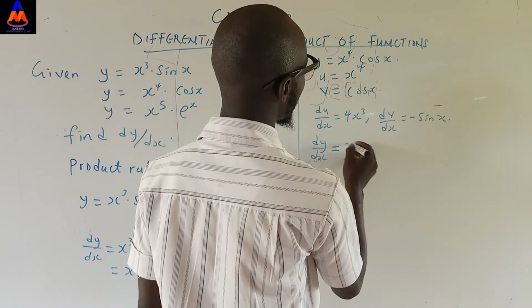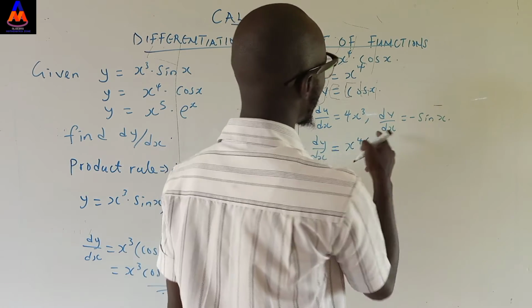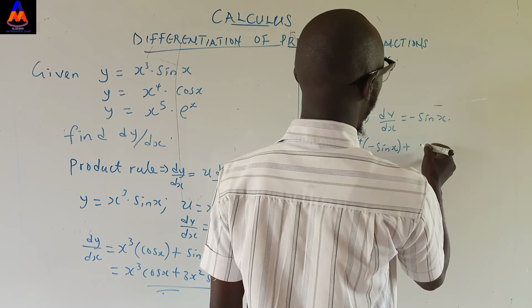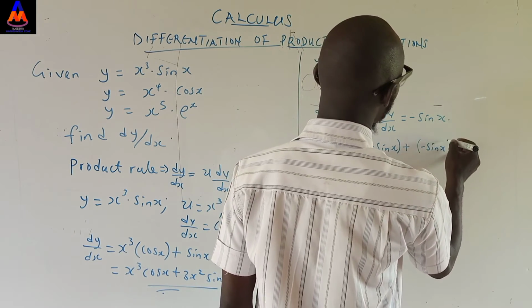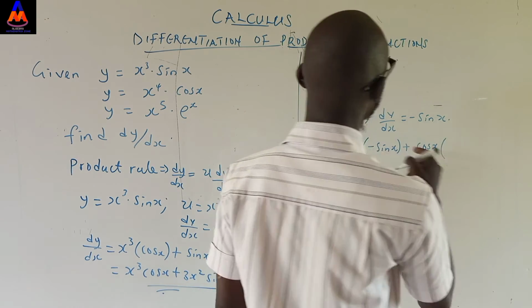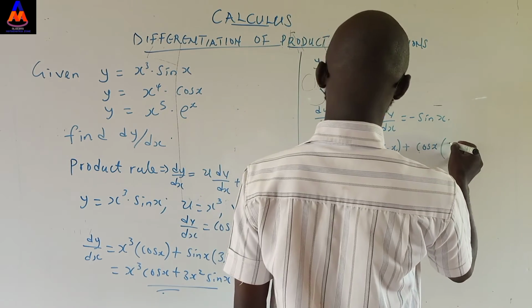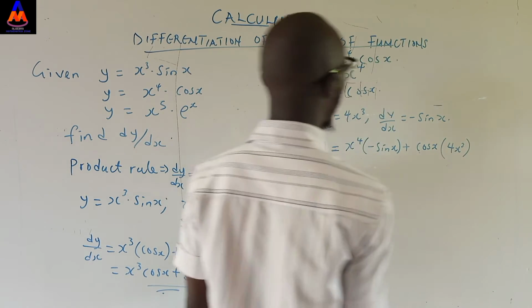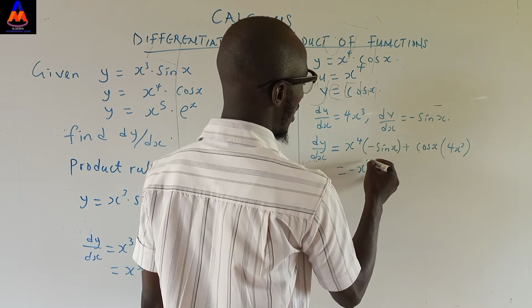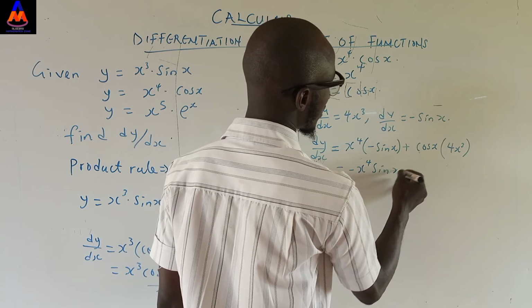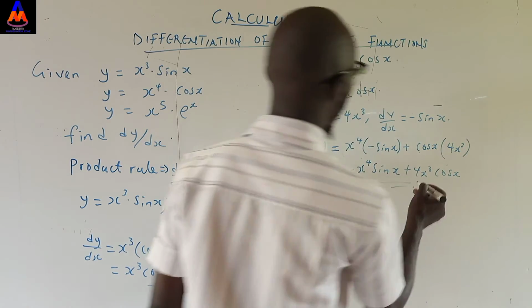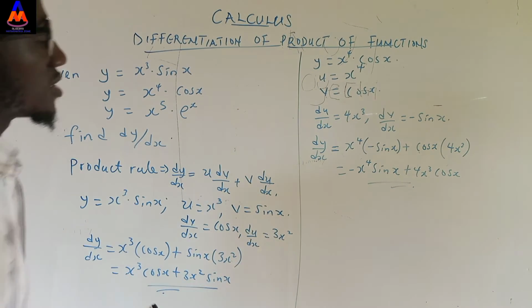My u is s raised to the power 4, u dv dx is minus sine x, plus v, my v is cos x, times du dx, 4s raised to the power 3. Then this is minus s raised to the power 4 sine x plus 4s raised to the power 3 cos x, and that's what we have.